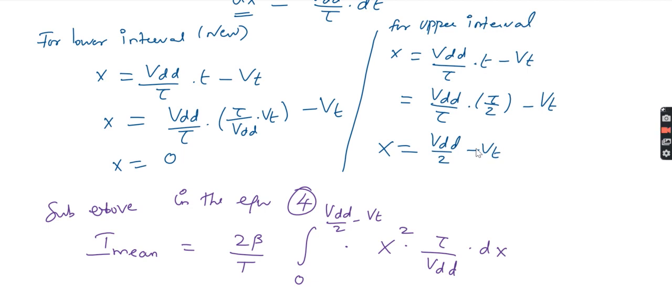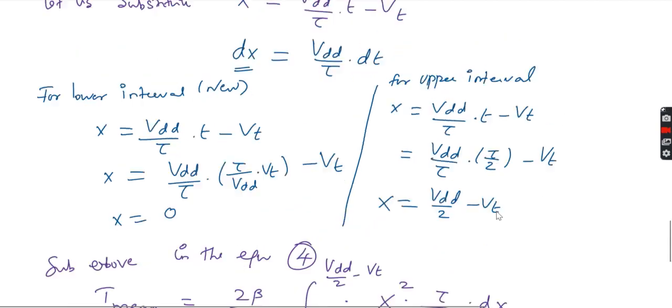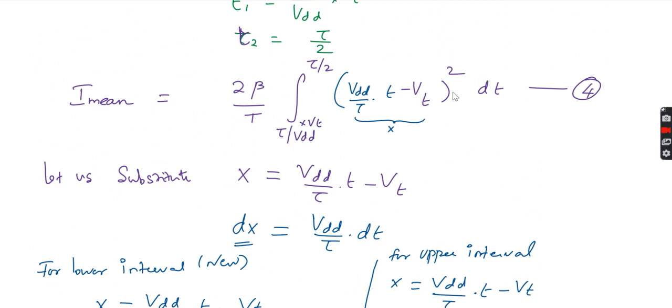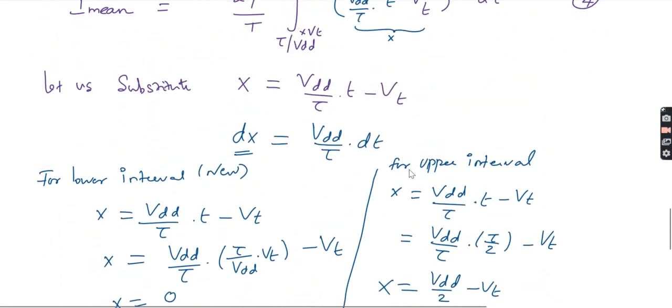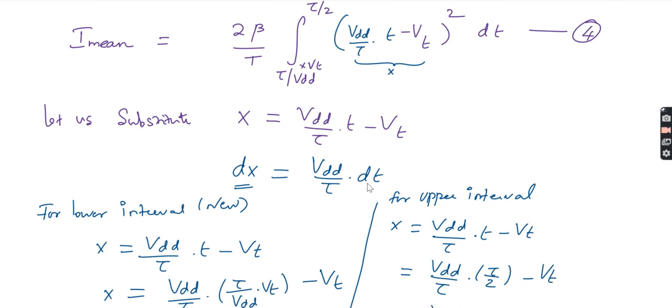You can see why it is x square: because this is VDD by t minus VT, the whole square. So x square, then dt is nothing but dx, right? What is dt here? From this I can take that dt is nothing but tau by VDD into dx.